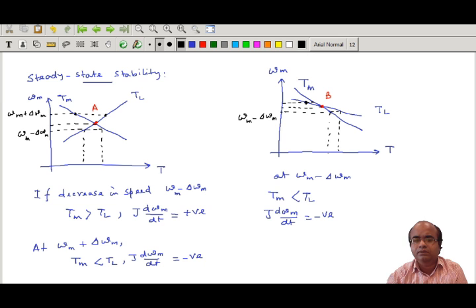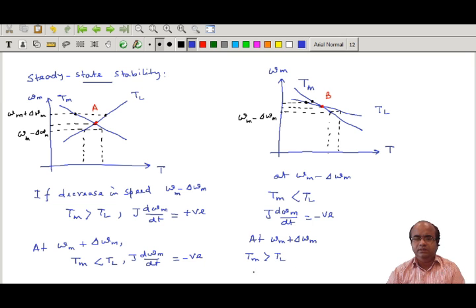Now this is the load torque, this becomes the motor torque. Then motor torque is greater than the load torque, that is at omega m plus delta omega m, motor torque is greater than load torque.